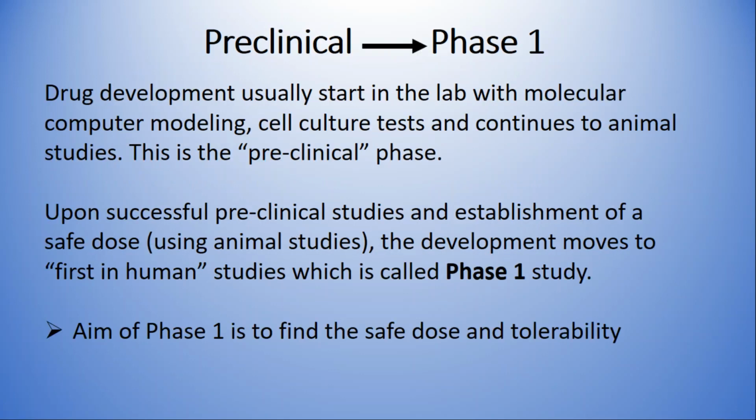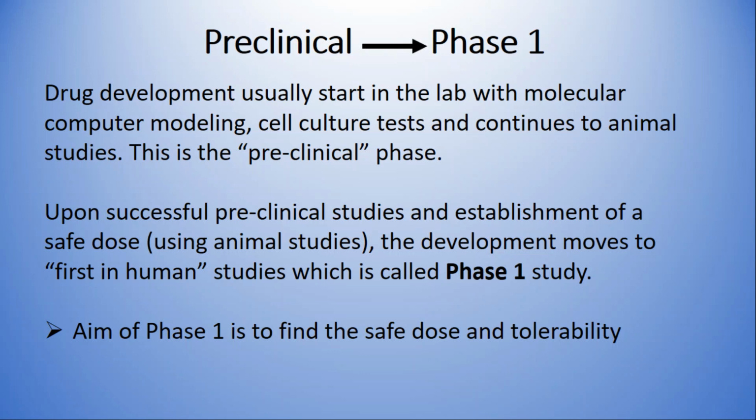This is a slide about preclinical to phase 1. Drug discovery happens in lab models, and the scientists know about the biological pathways, the enzymes that are involved, the receptors that are involved, and how things work. Then, using computer modeling, they see whether they can stop the enzyme or block the receptor in order to stop the symptoms of a disease.